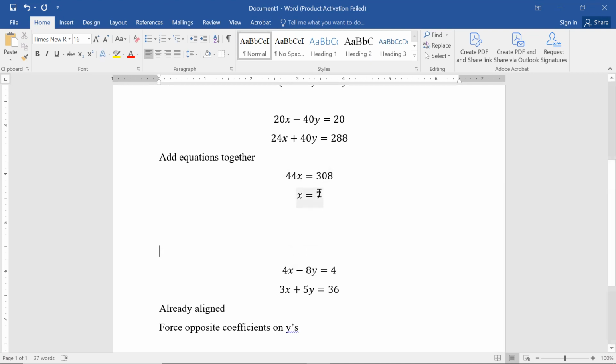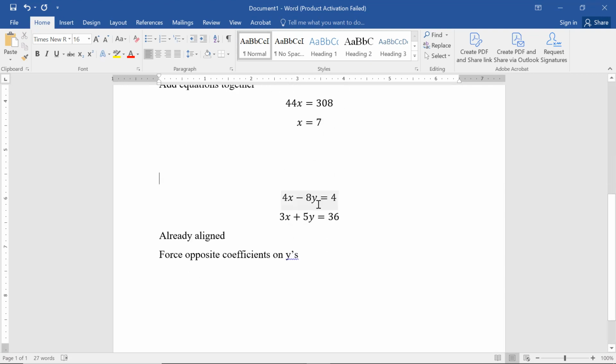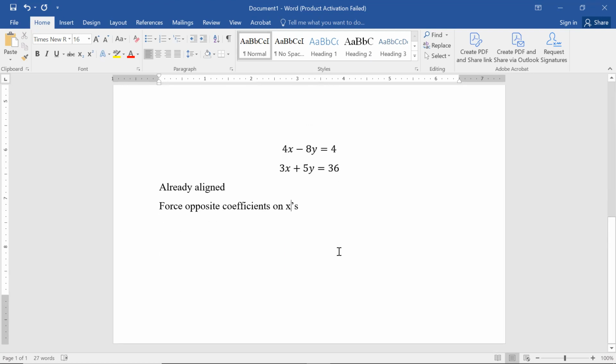so we found x. What we can do now to find y is simply do elimination on the x's. So if we want to do elimination on the x's, we can force opposite coefficients on the x's.